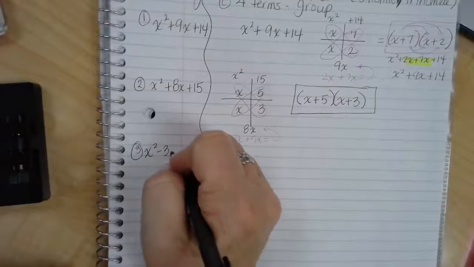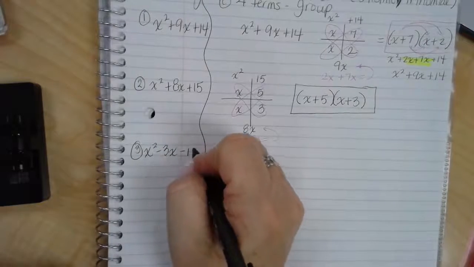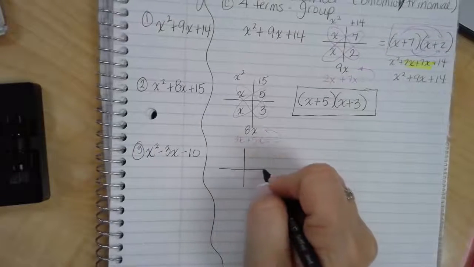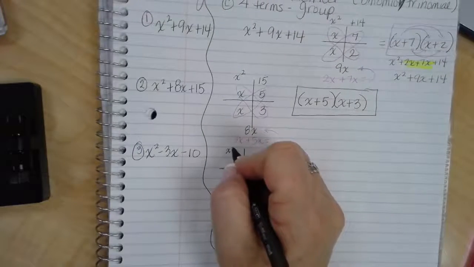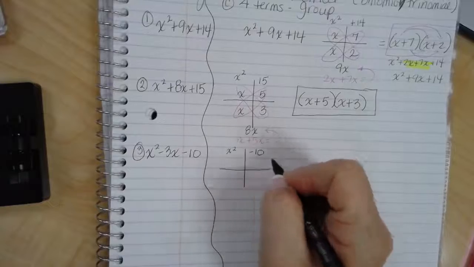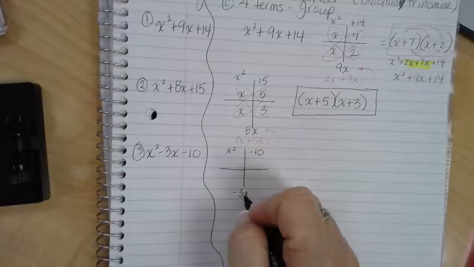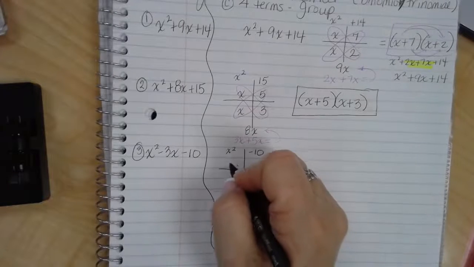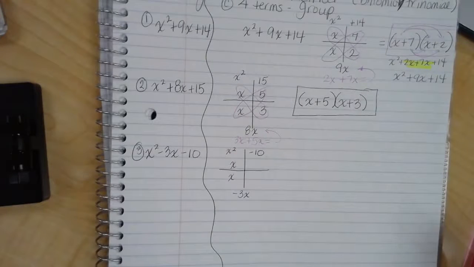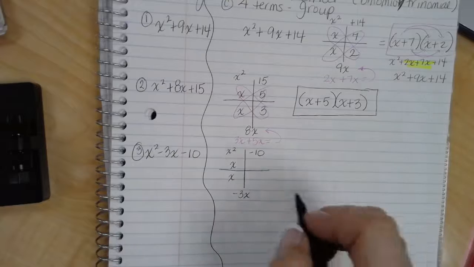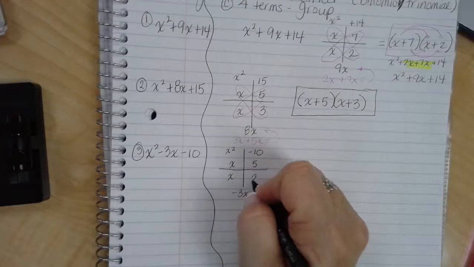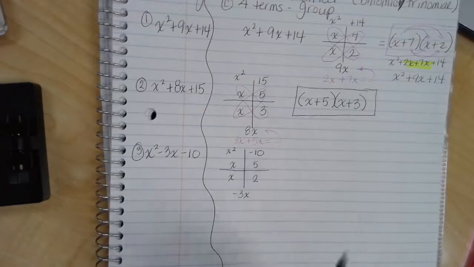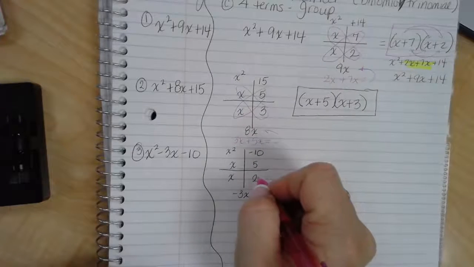x squared minus 3x minus 10. I'm going to do my little T-chart. This is x squared. This is negative 10. This is negative 3x. What multiplies and makes x squared? X times x. What multiplies and makes negative 10? We're going to say 5 and 2. Now, one of those has to be negative to get negative 10. So let's figure out which one has to be negative.